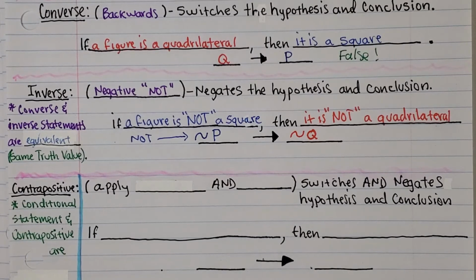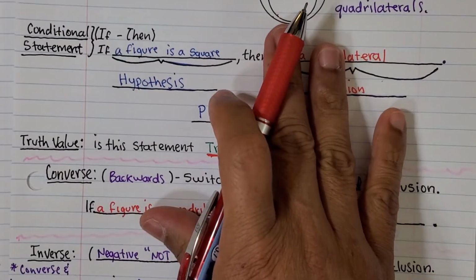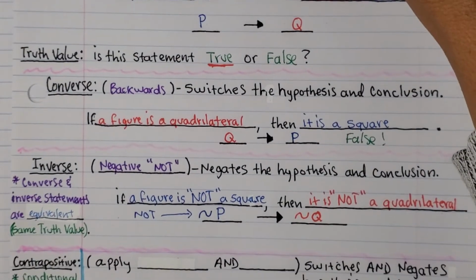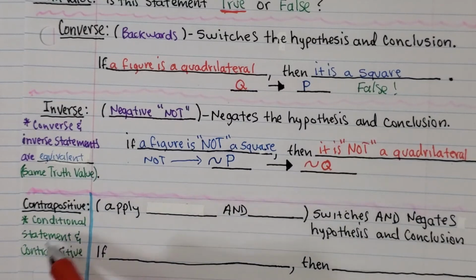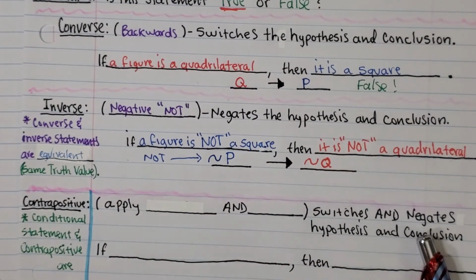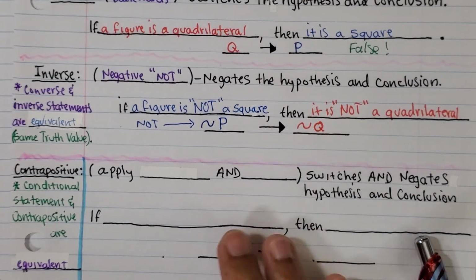The contrapositive and the conditional statement, or in general, any conditional statement and its contrapositive, are equivalent. That means they have the same truth value.